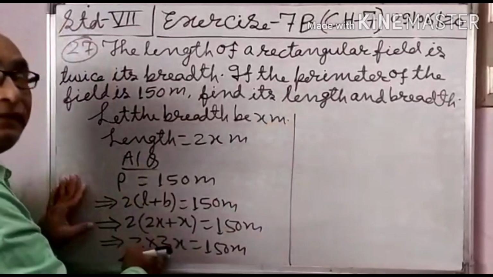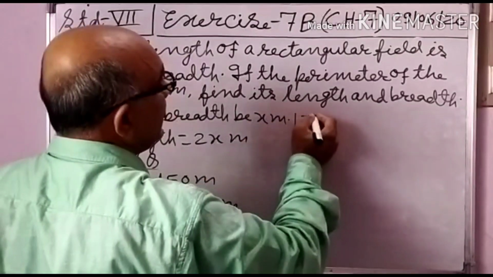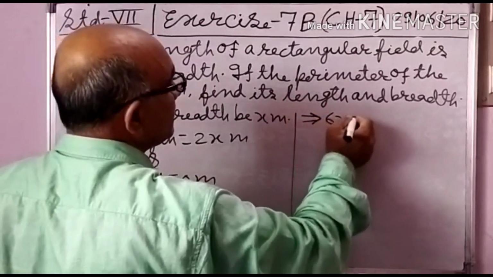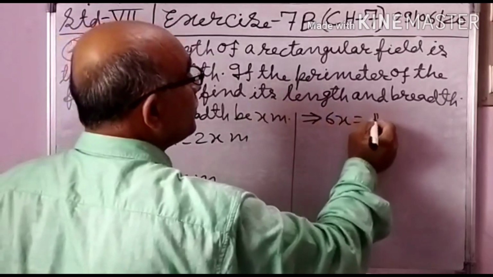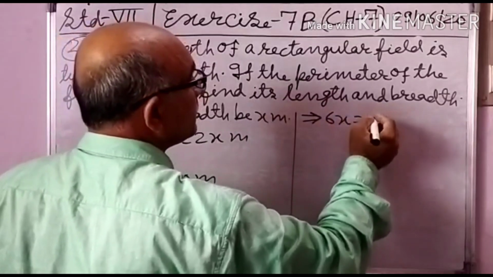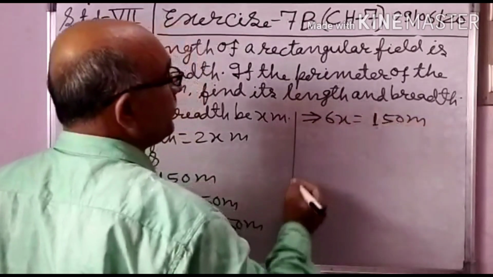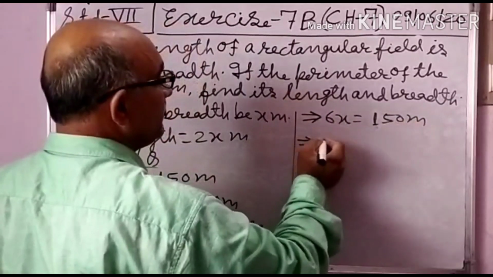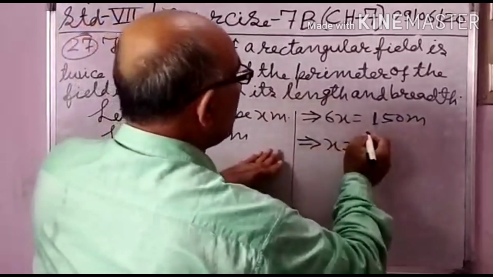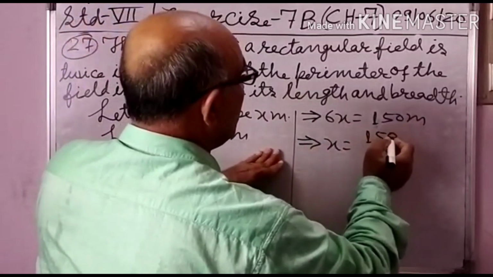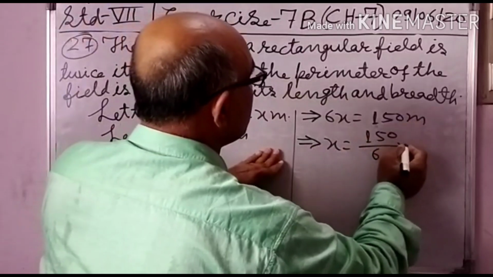Now here 2 threes are 6x. That implies 6x equal to 150 meter. That implies x equal to 150 by 6 meter.